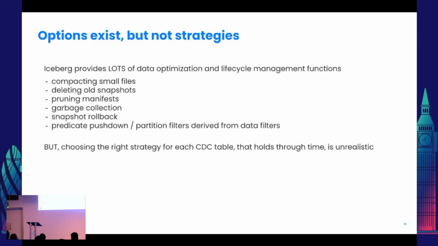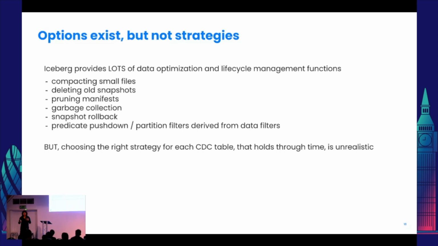I think I'll mostly skip over this, but Iceberg gives you the tools to do them. It's pretty rich: you can say this is the kind of compaction I want, this is the snapshot expiration time frame I want, et cetera, but it's not automatically enforced. So you need some help, something to go and find the best strategy for doing those optimizations and then doing them, as opposed to relying on users to say, oh, I need to prune this manifest file, or I need to optimize this table now.